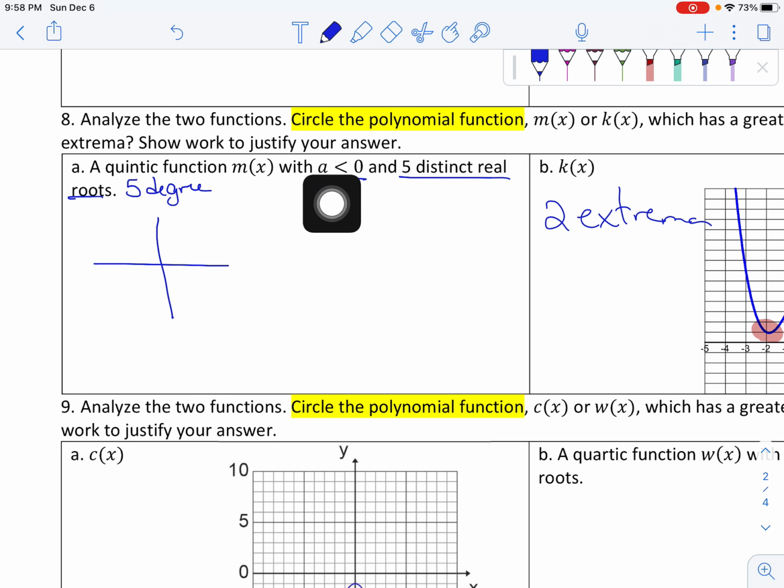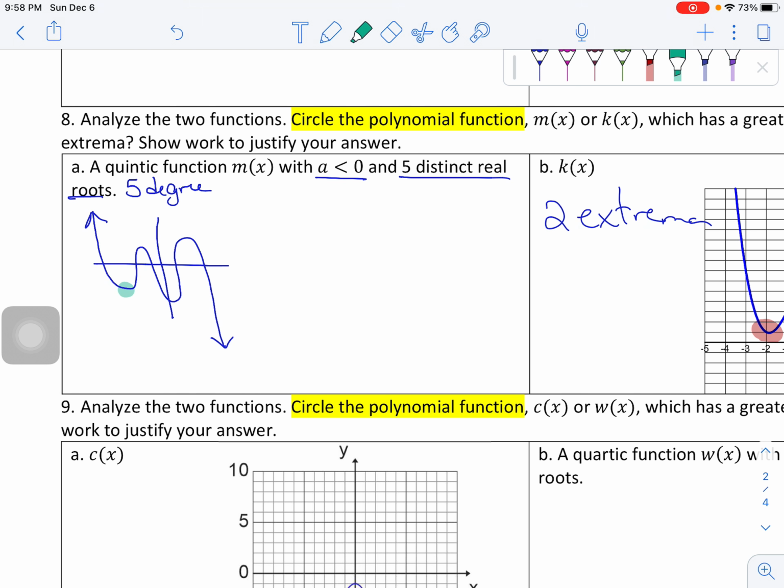So if I were to graph this, because a is less than 0, I want to start up top here, and I'm going to have a decreasing function overall. So I'm going to start up here, and I want 5 x-intercepts. So hold on, I'm just trying to draw a line here. 1, 2, 3, 4. There's my 5th one.